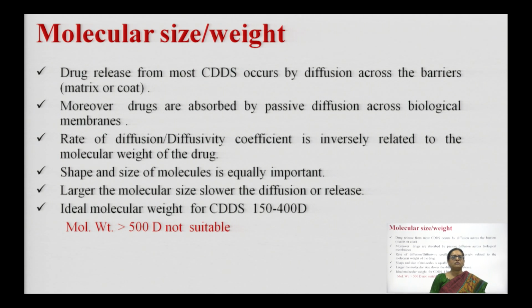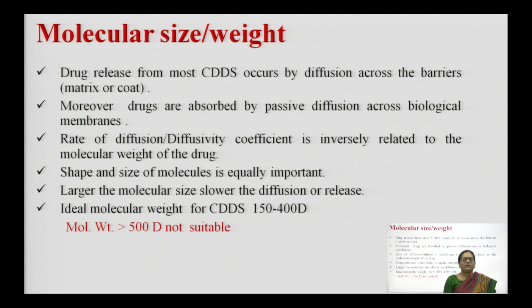The drug diffuses across the barrier membranes and may be in the form of matrix or as coated reservoir products. Moreover, the drugs are absorbed by passive diffusion across the biological membrane. So, from both perspectives, diffusion is an important phenomenon involved in drug action.